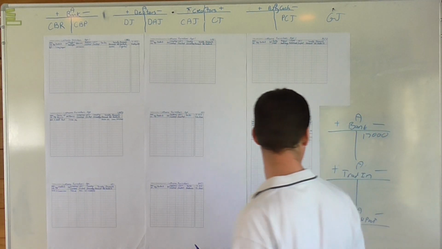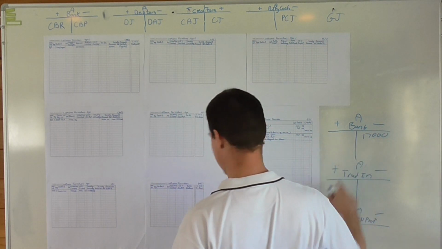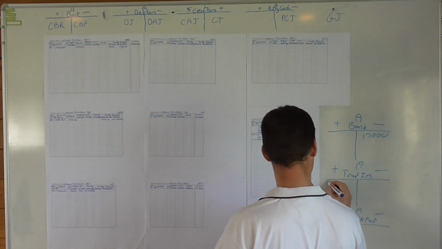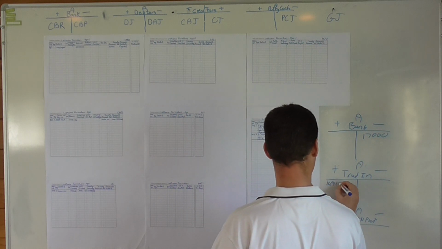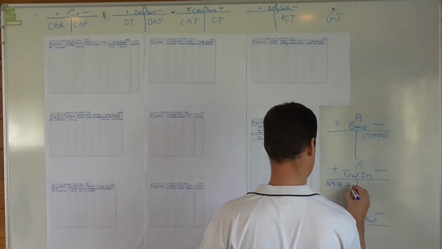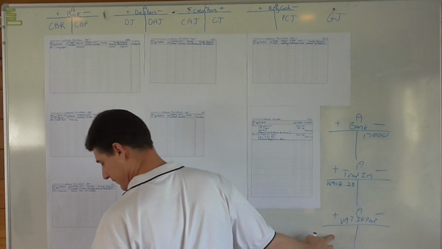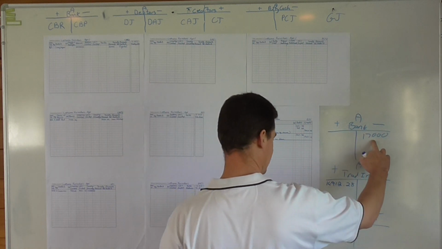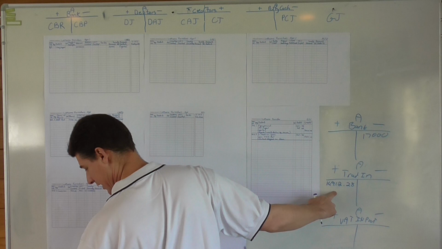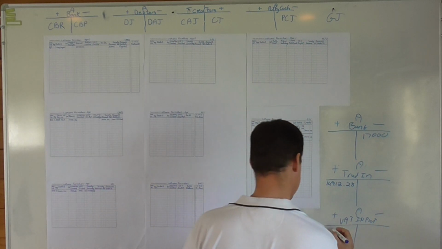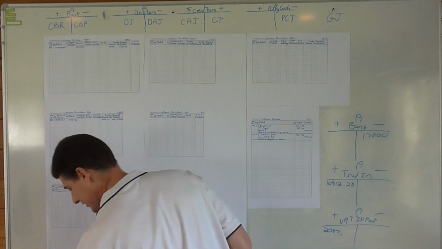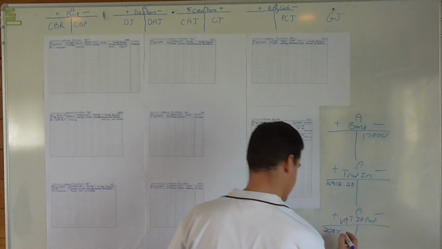Then your trading inventory will be 17,000 divided by 1.14, and that gives you 14912.28. Your VAT input will then be 17,000 minus your trading inventory amount, and that'll give you 2087.72.